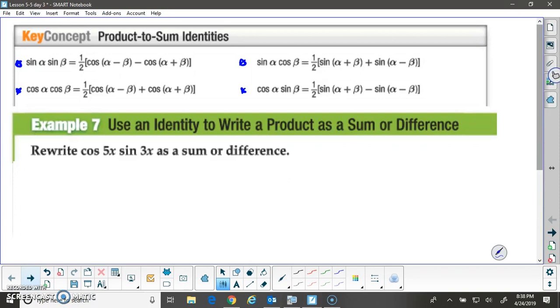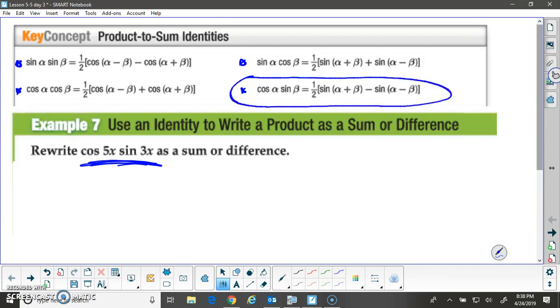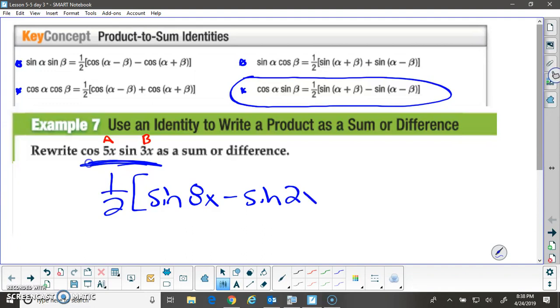Okay, so if you look at our expression, we've got the cosine of 5x, the sine of 3x. And we're going to use this identity on this problem. You're going to let 5x represent angle A, and you're going to let 3x represent angle B. If we do that, we can change the cosine of A sine of B into the expression 1/2 times the sine of A plus B, which in this case would be 8x, and then minus the sine of A minus B, which in this case would be a 2x.